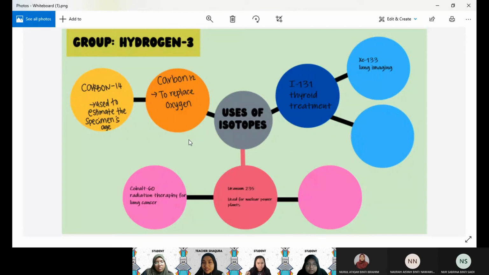Can you understand me? For maybe you want to talk about the isotopes in medicine, the dark blue should be medicine, the field. The light blue is the isotopes and their uses. That's how you use the bubble map.